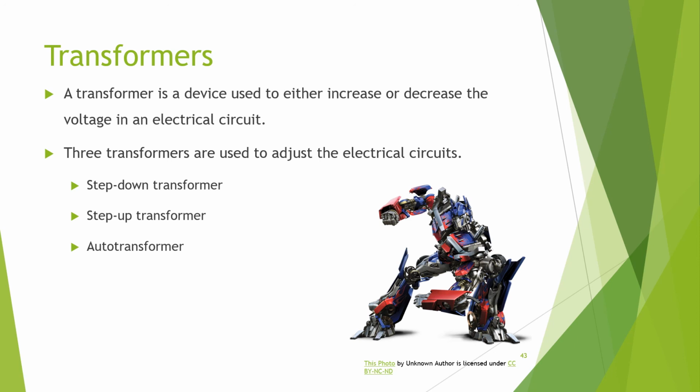The step-up transformer is what takes that incoming 110 to 220 and pulls that power up to the necessary 65,000 to 100,000 volts that we need for the high voltage circuit. The autotransformer is the one who makes those very minor adjustments in the fluctuations for both the step-up and the step-down transformers.